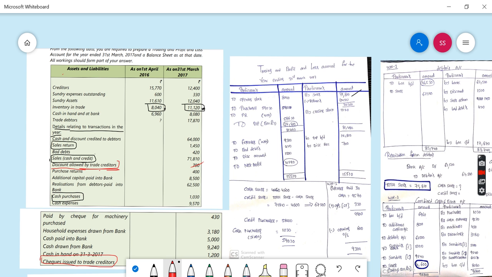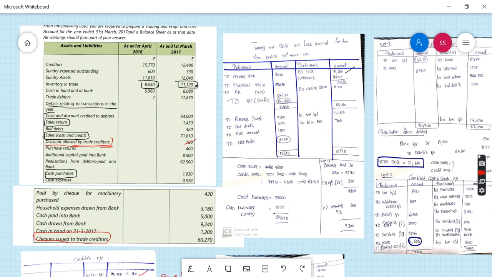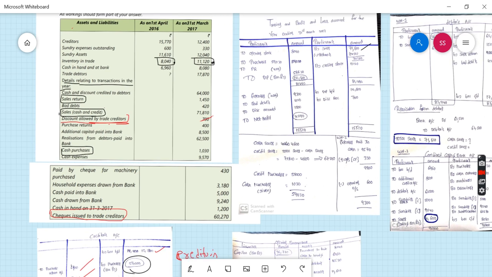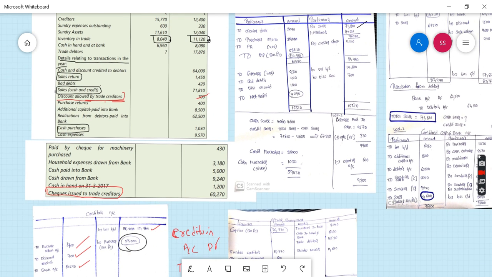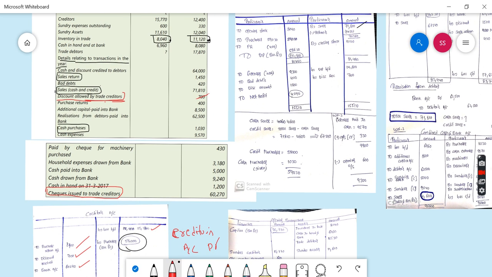So this information relates to the creditors account. If we want to find the credit purchases, we need to prepare the creditors account. So what else do we need? Opening balance and closing balance. Here they gave the creditors: this is the opening balance, and this is the closing balance.